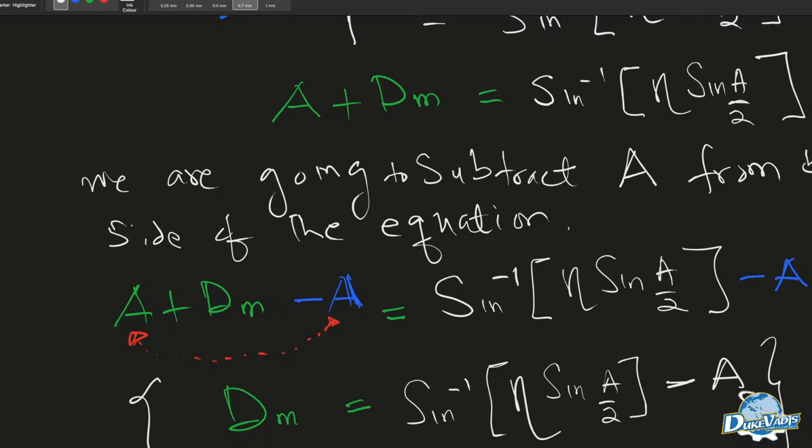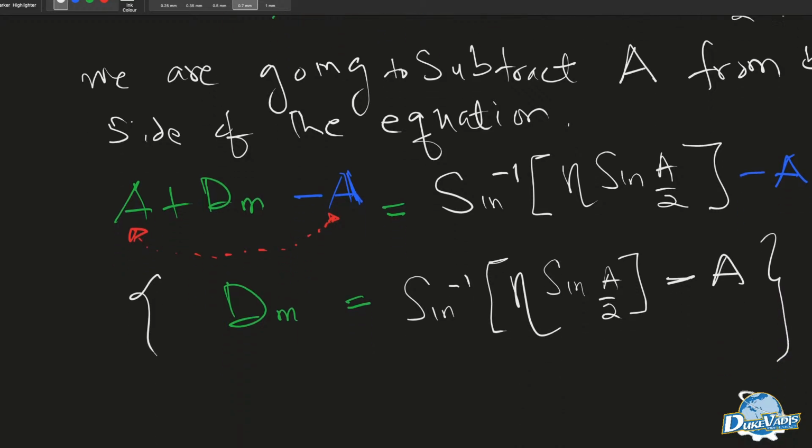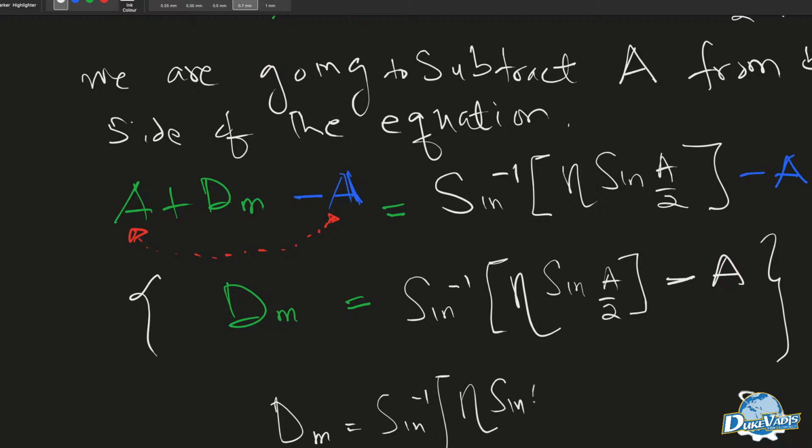So with that, let us use this time to recap the whole process, how we got to this equation. Our final answer is D M is equal to sine inverse of all of that, n sine A over 2 in brackets, minus A. Let me take this one away before it confuses you.